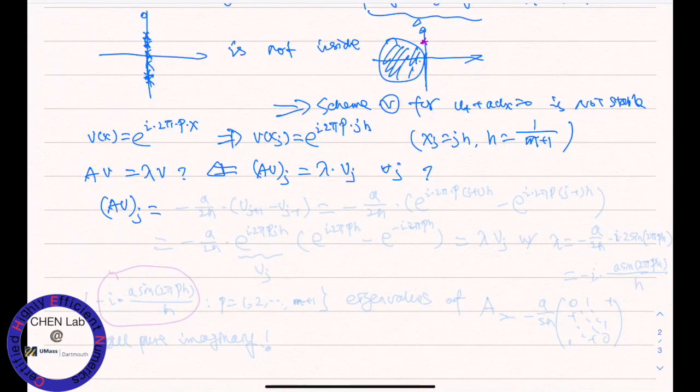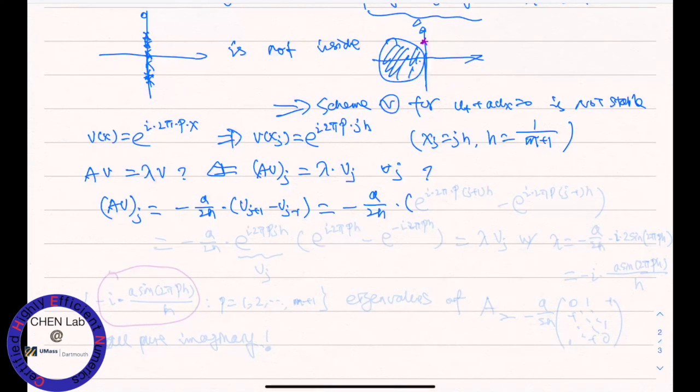At row j, the entries are negative a over 2h at j plus 1 and a over 2h at j minus 1. So we have basically v at j plus 1 minus v at j minus 1, times negative a over 2h.